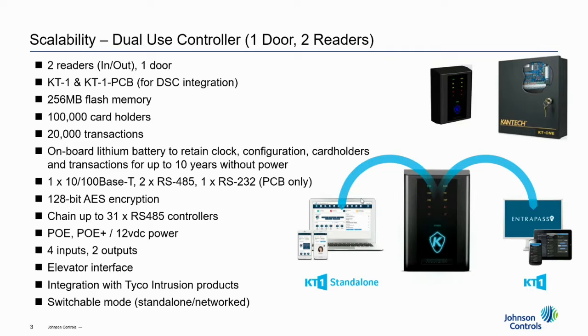By having this dual use controller, we can start off with a particular size, or perhaps a construction area. We start small, and once the site gets bigger, we will be able to further expand the system.